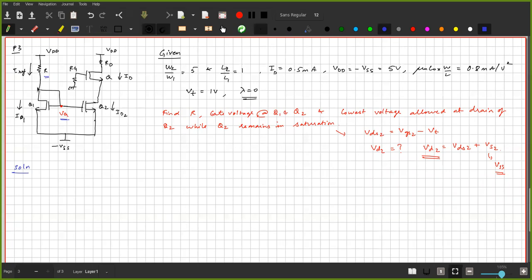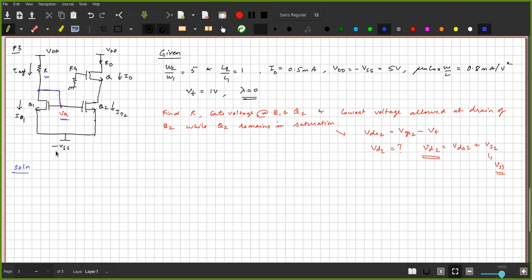And drain voltage of Q1 is same as gate voltage of Q1 because both of them are shorted. When you make this short between drain and gate, you are essentially forcing the transistor Q1 to be in saturation region, right? So that is the idea behind this shorting.